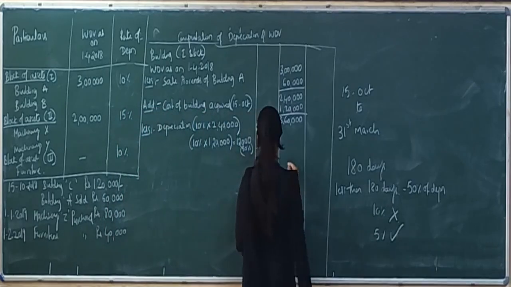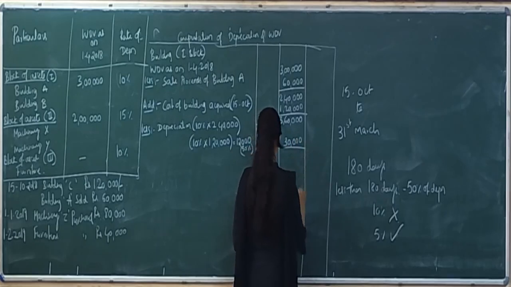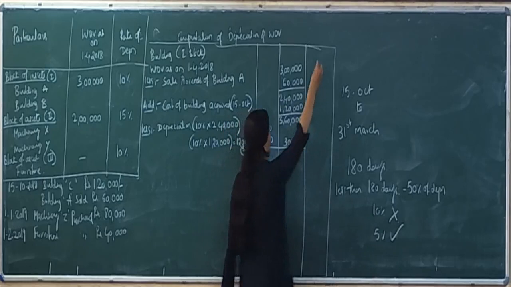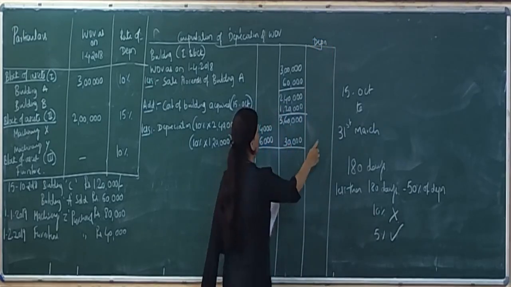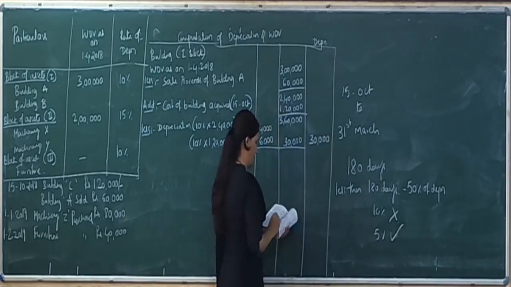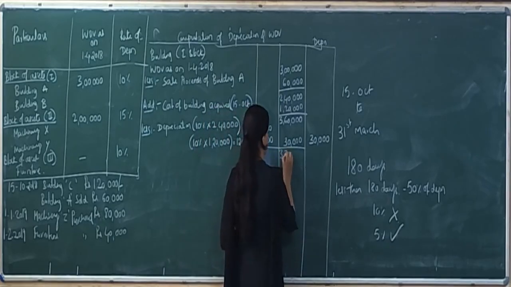Right? So that comes to 30,000. 3 lakh. So our depreciation amount here I will write depreciation. Okay, so our depreciation amount is 30,000. Right, so total amount comes to 3,30,000.